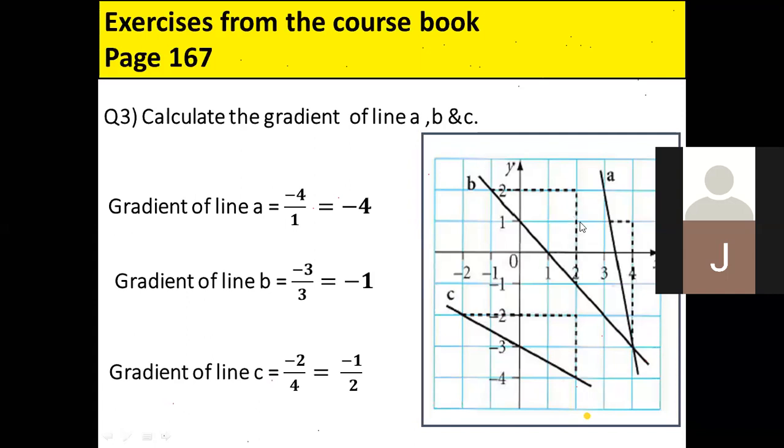We look at the graph and check how many units we are going up, divided by how many units we are going across. So it's always the change in y, how many units up and down, divided by how many units right and left. Is that clear, Bashar?